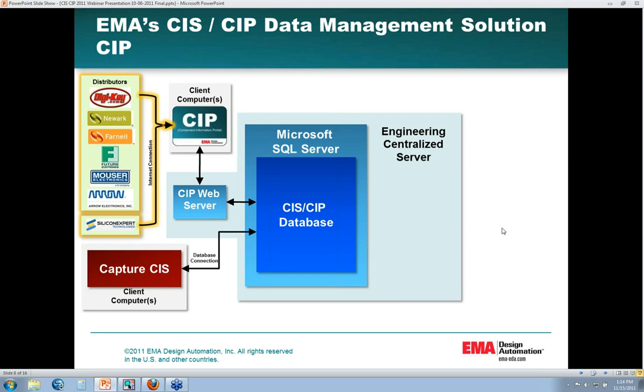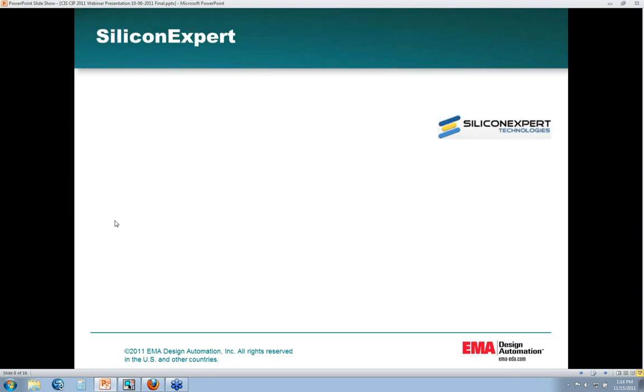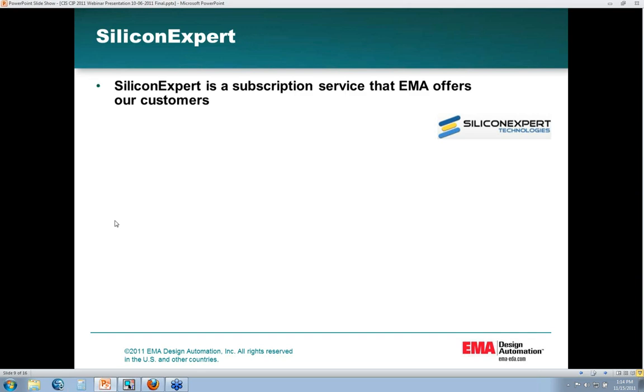One of the other things you notice is that down here in the one block we have a solution that we offer, and it's called Silicon Expert. Silicon Expert is a subscription service to aid in managing part obsolescence for the parts your company manages.